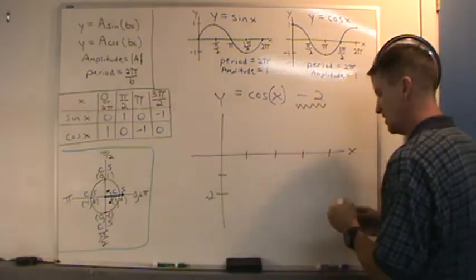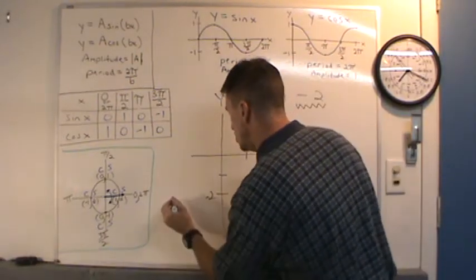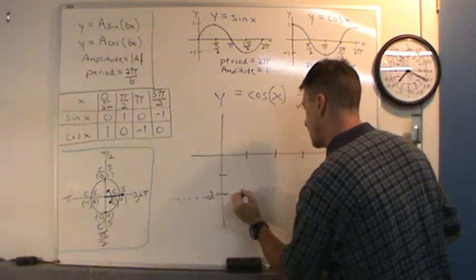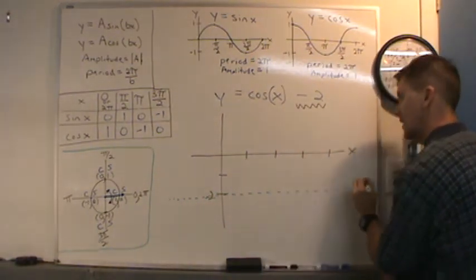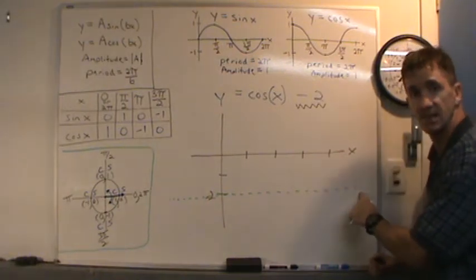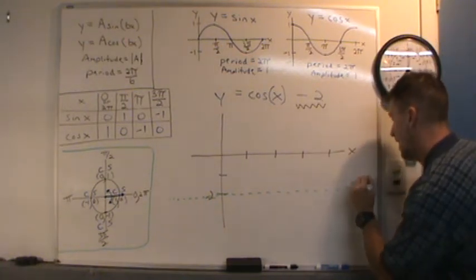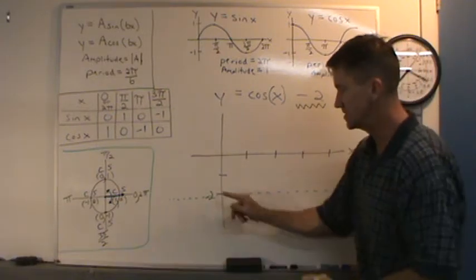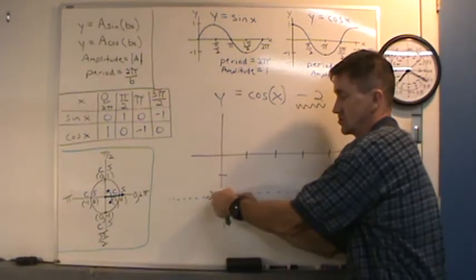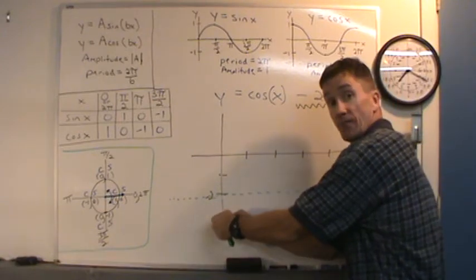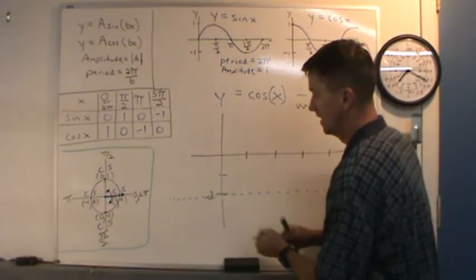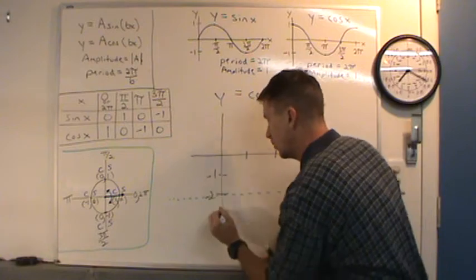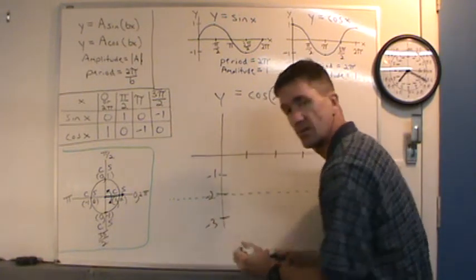And I want you to think of this as the new axis that the graph is going to oscillate on. Almost like the axis of oscillation. This is our new axis, such that the graph is going to oscillate from this -2 with an amplitude of 1. So it's going to go up 1 and down 1 from here. So that's -2. It's going to get up to a -1. It'll get down to a -3.